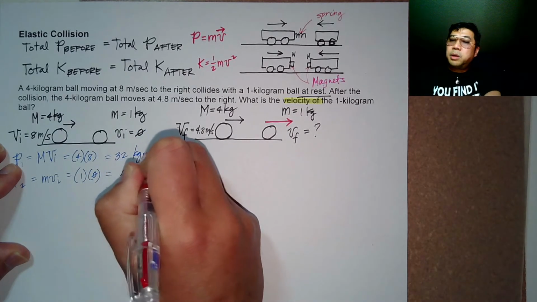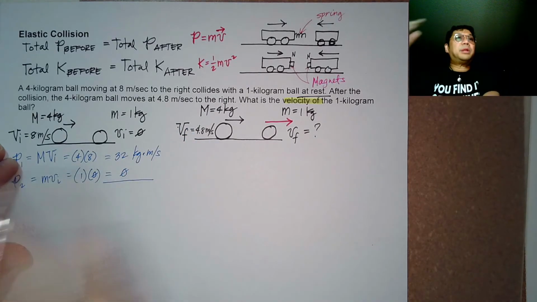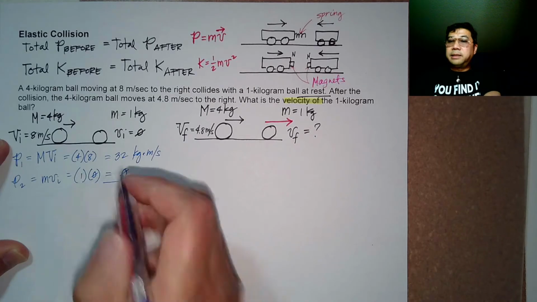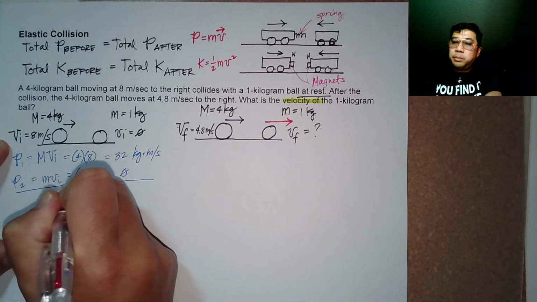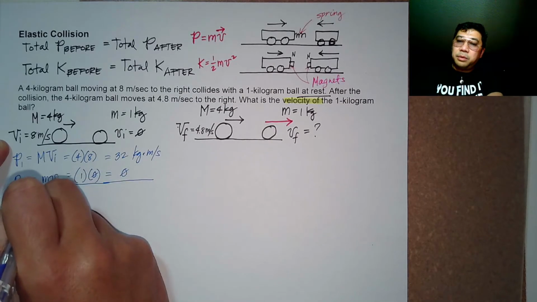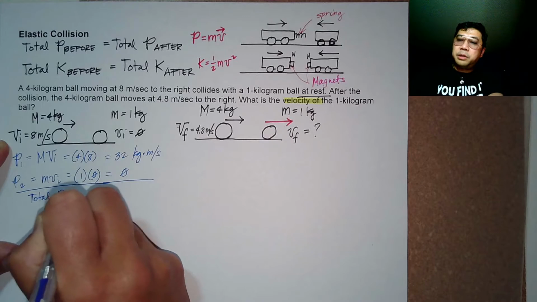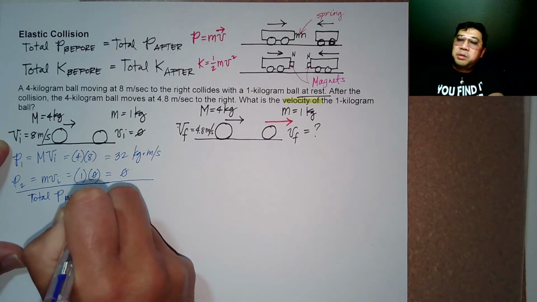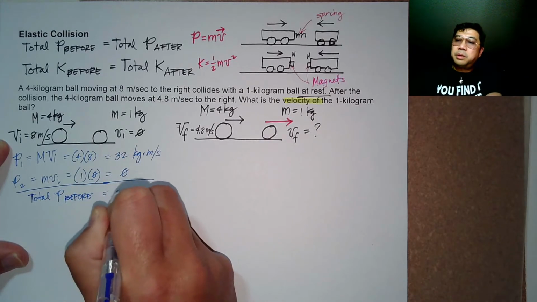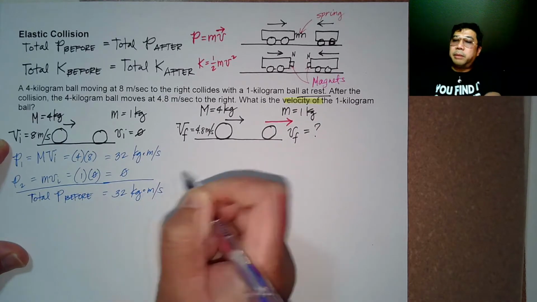kilogram meters per second. Again, just like what we did in the previous question, let's add the momentum before the collision. So the total momentum before collision is simply 32 kilogram meters per second.